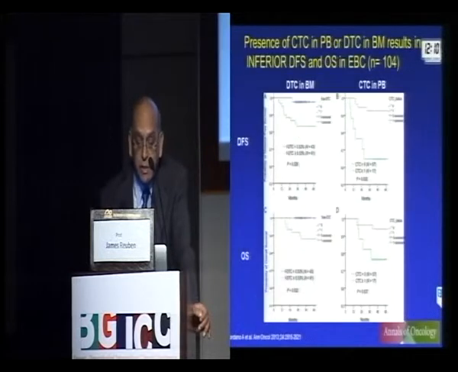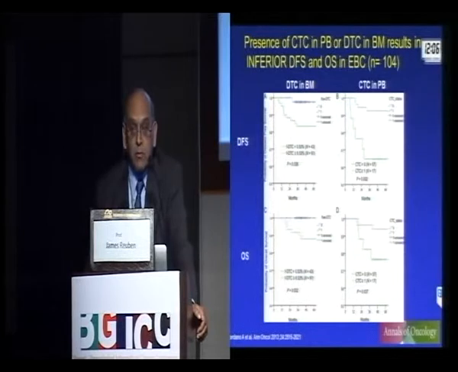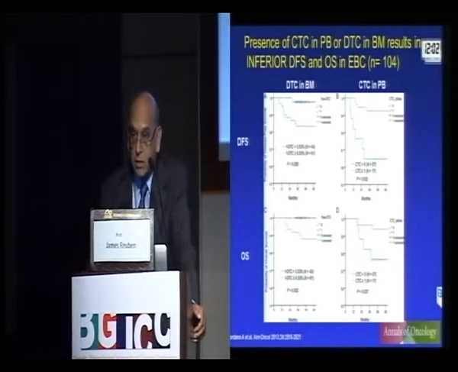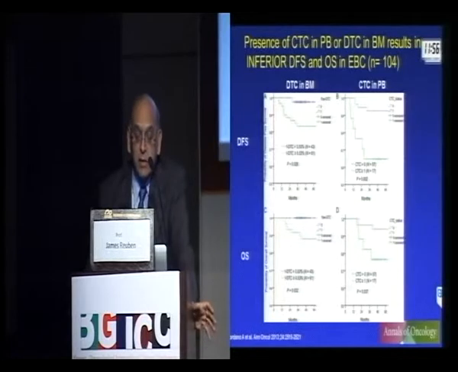But it's very difficult to get bone marrow all the time from patients. So we actually, at the time, instituted looking at circulating tumor cells in the blood of the same patients that were giving us bone marrow. And on this slide, you see on the left-hand side, I repeat myself, that if you have DTCs in the bone marrow, then you have a shorter disease-free survival and overall survival.